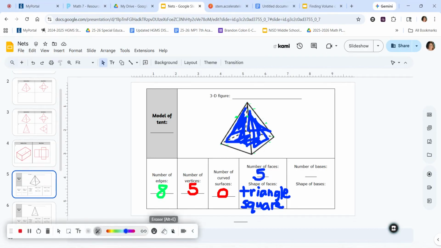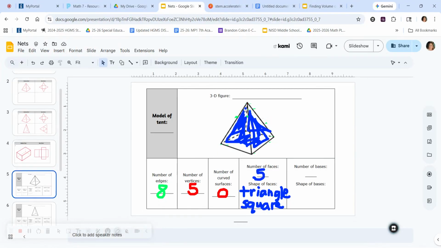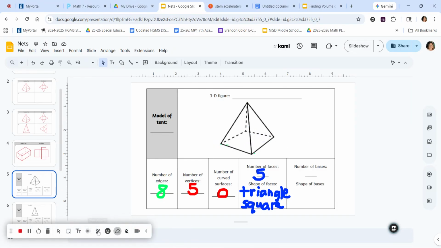Finally, we want to know how many bases are there in this shape. So remember, a base is the bottom of a shape. It's what it sits on. In this case, our base would be right here at the bottom.